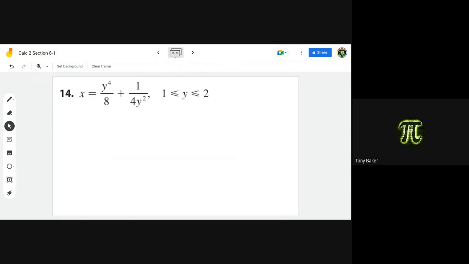We don't have to do the chain rule for this one. Yeah, I was going to say, I might prefer that. Walk through the problem piece by piece.